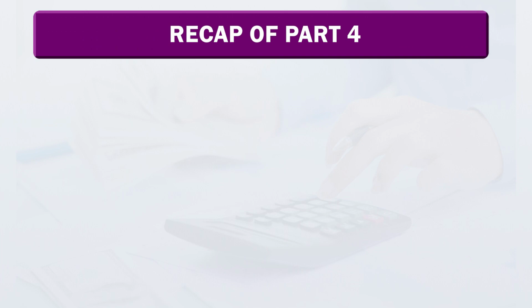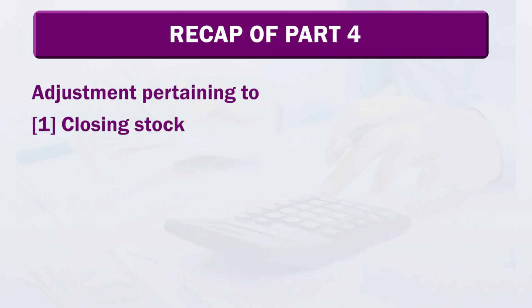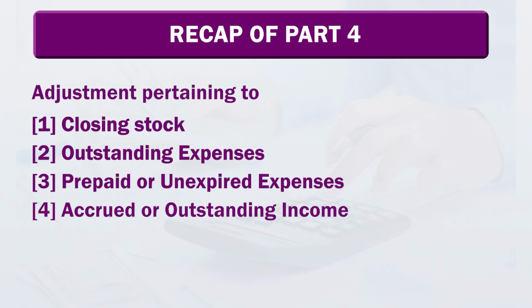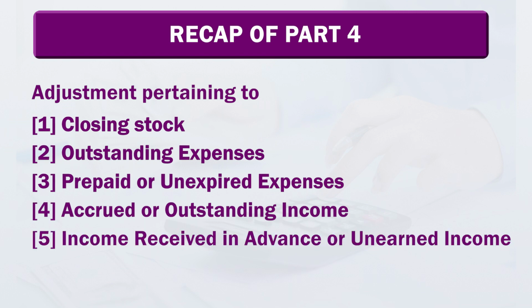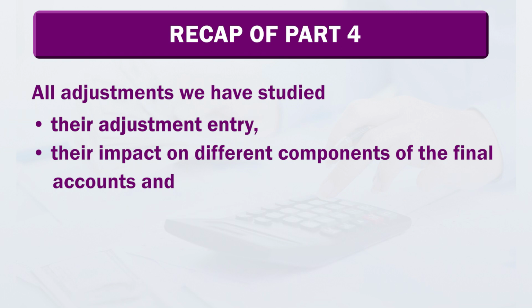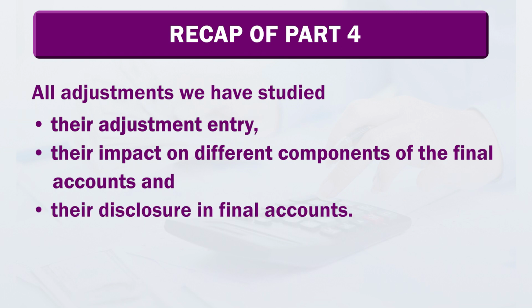Friends, we are discussing the preparation of final accounts. We will continue with the preparation of final accounts, part 5. Friends, in the previous part, we discussed adjustments pertaining to closing stock, outstanding expenses, prepaid or unexpired expenses, accrued or outstanding income, income received in advance or unearned income, and depreciation. We studied all these adjustments with their adjustment entries, their impact on different components of the final accounts and their disclosure in final accounts.